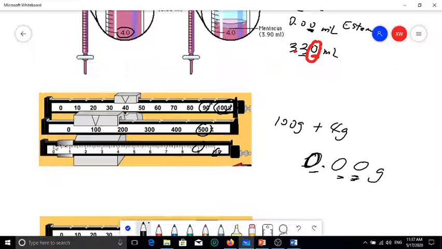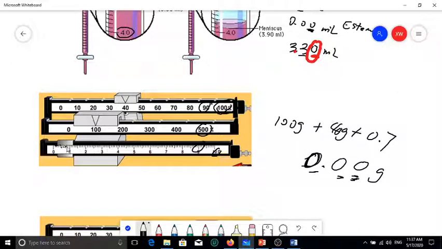If the little tip here sits between lines, you can estimate the second decimal place in the grams. So in this case, you have 100 grams, and I'm sorry, this is 40 grams on the bar behind. In the front, you have 0, 1 gram. Now 0.1, 0.2, 0.3, 0.4, 0.5, 0.6, 0.7. 0.7 is also a certain digit.